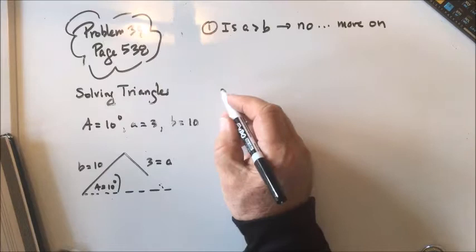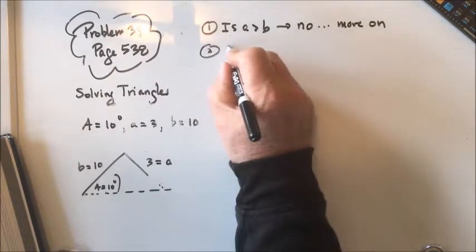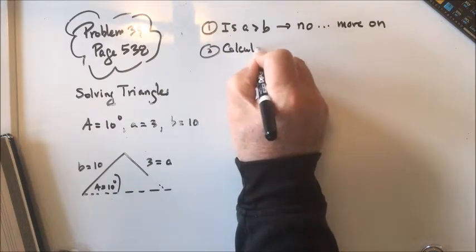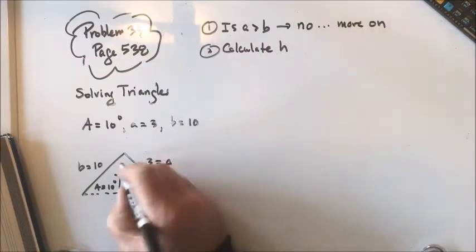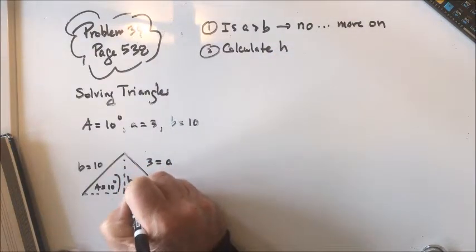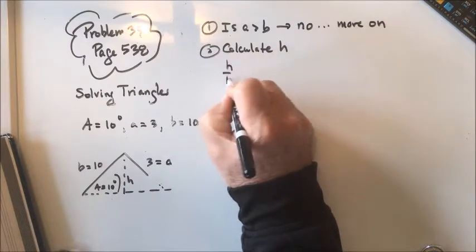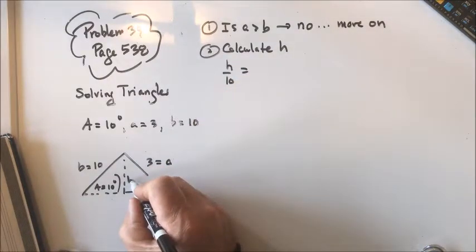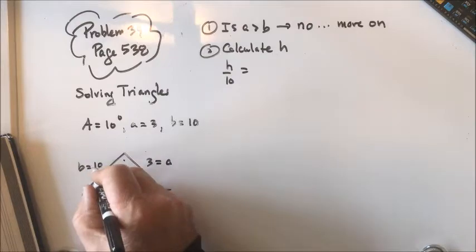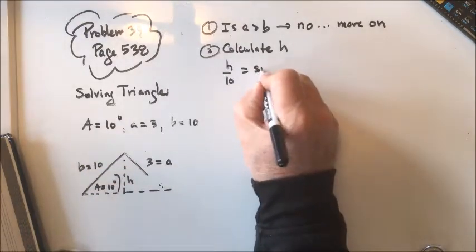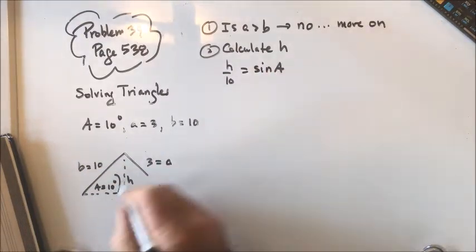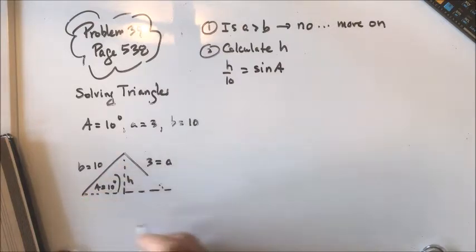The next question is, what about h? So let's calculate h. h is this guy right here. And so h over 10 is the opposite over the hypotenuse for this angle A. The sine of A is this length divided by that length.